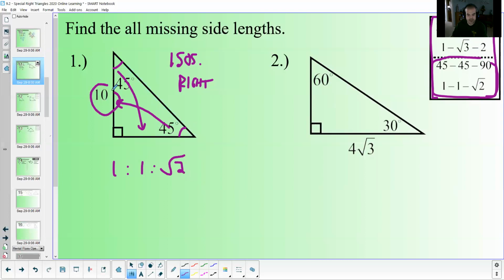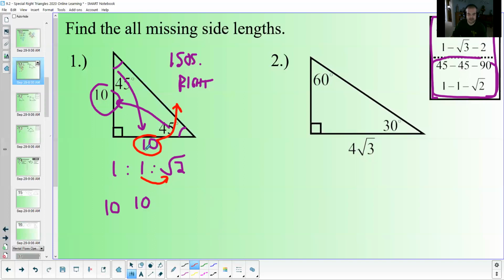The first side we have is one of the legs, which is 10, and that's one of our 1s. Since this is 10, I know that the other side is also 10 because that's what an isosceles triangle is. Then to go from the legs to the hypotenuse in a 45-45-90 triangle, you multiply by root 2. That is true for any 45-45-90 triangle.